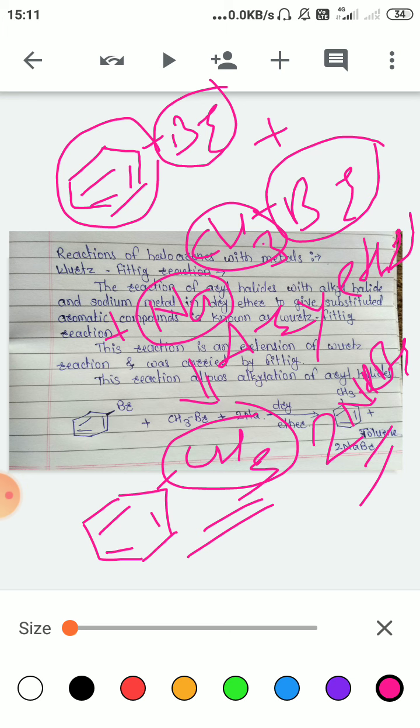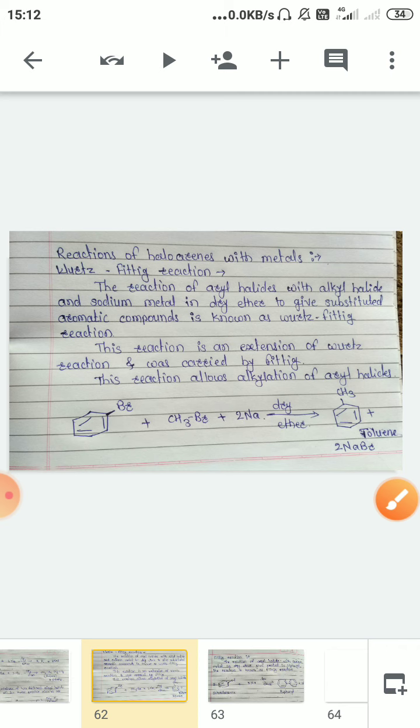This is the basic difference between Wurtz's reaction and the Wurtz-Fittig reaction: one of the halides is an aryl halide in the Wurtz-Fittig reaction. So remember carefully.